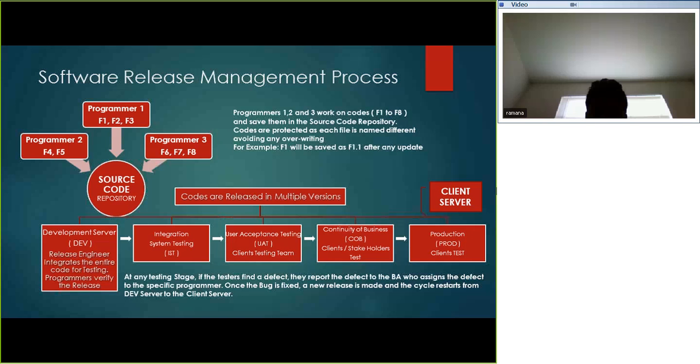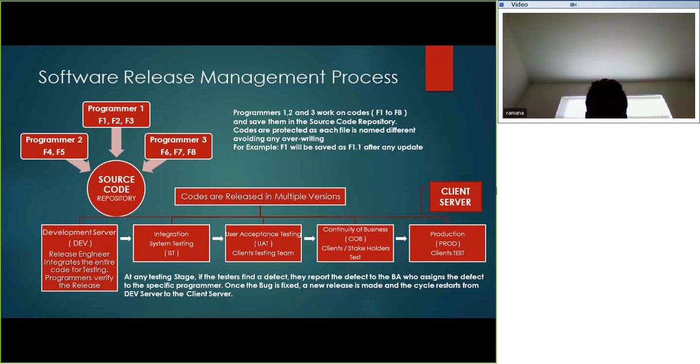Would COB be pretty much like a beta version? Or COB basically is a replica of production, same as production. There's no change. So once the traffic is switched from COB to production, the client will not see any change. So there is no downtime.